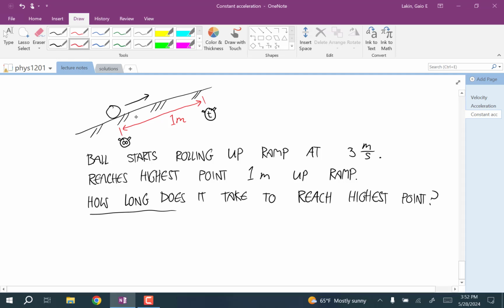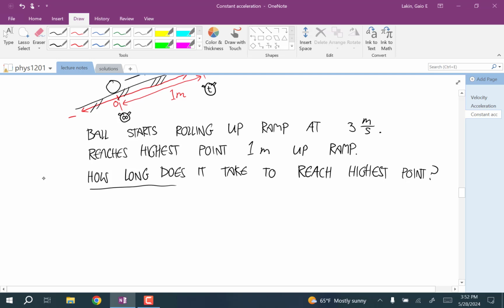And on our number line, I'm going to call this direction positive and this direction negative. And then the 0 is here. So our 0 position is going to be where the ball is when we turn the stopwatch on.